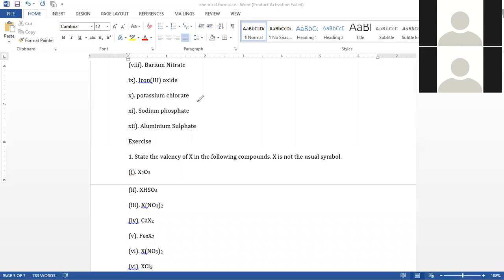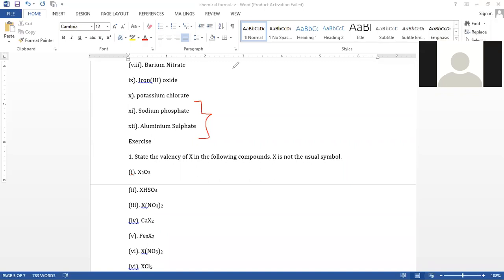I'm going to be using my screen today. Last week we finished this exercise, though I told you to do the last two numbers: sodium phosphate and aluminium sulfate. How many of us tried those two numbers? You can just raise your hand.